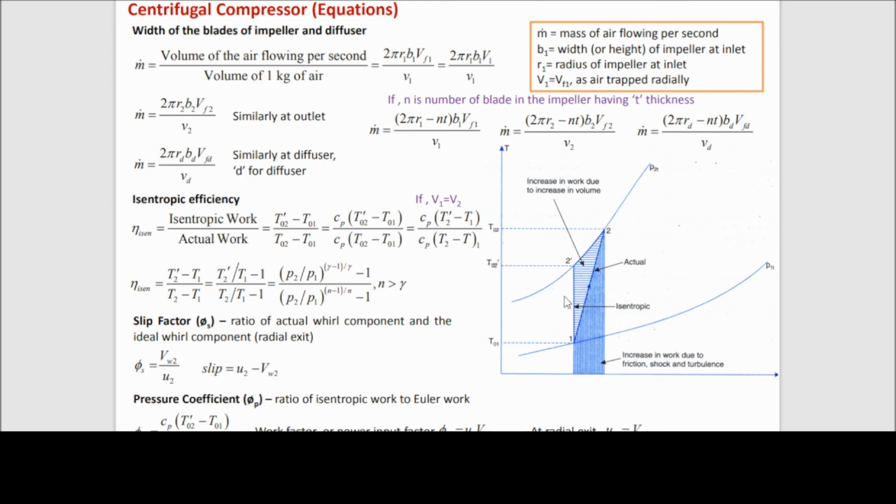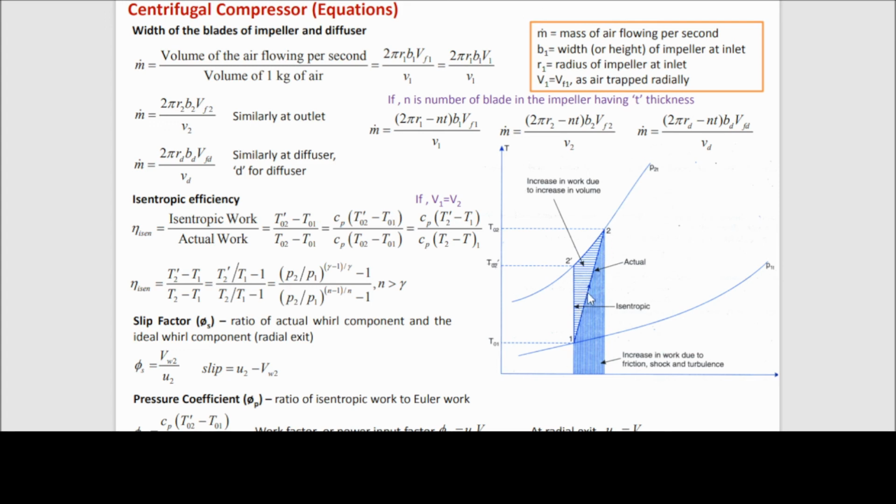Now you see the isentropic efficiency, what we have already seen from this figure. This is the isentropic process, this is the actual process, this is the inlet pressure, this is the outlet pressure, this is the stagnation temperature at the inlet, this is the stagnation temperature at the outlet, and this is the actual stagnation temperature. Now coming to the isentropic work, T02 dash, isentropic means the ideal one, minus T01, or Cp into T02 dash minus T01.